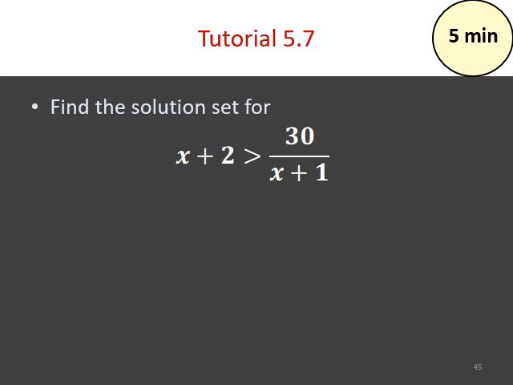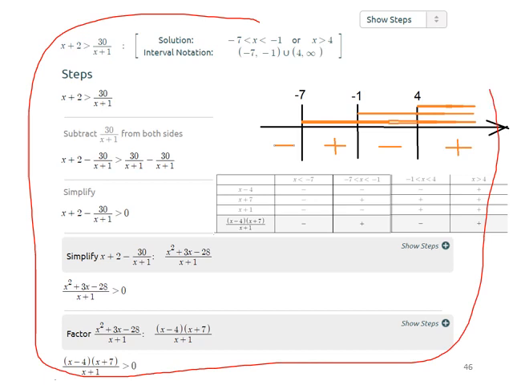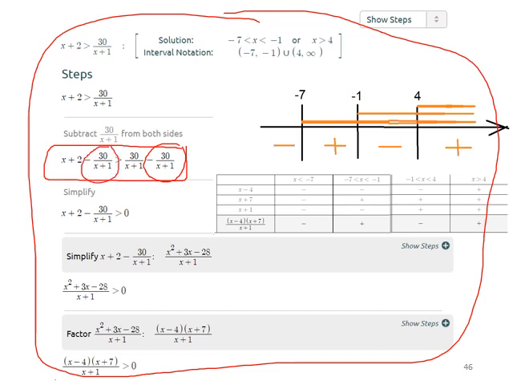We'll move on to the next tutorial. Try it yourself, TIY, okay? I drew a smiley face for you to make a cheerful moment. The details will be shown here. For this problem, you want to start with this stage. We want to cancel off the right hand side. So on the left we add the term here, and on the right we add the term here.